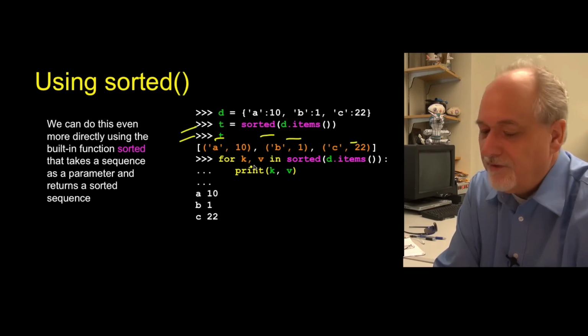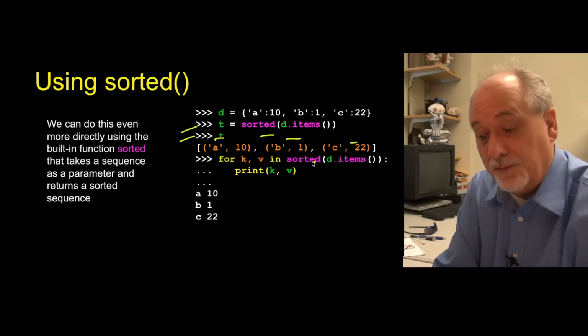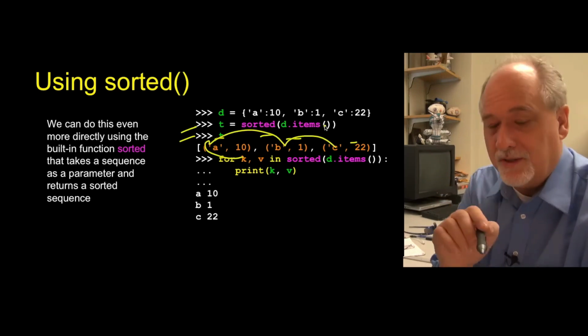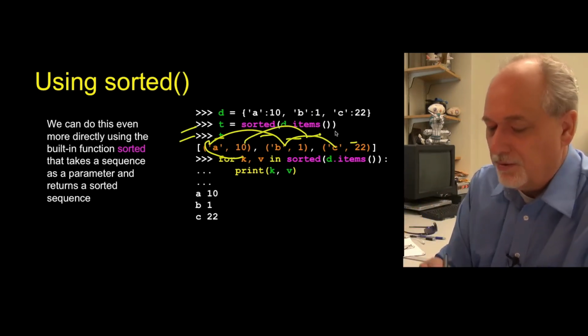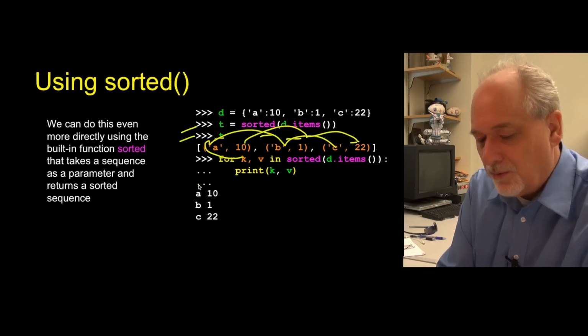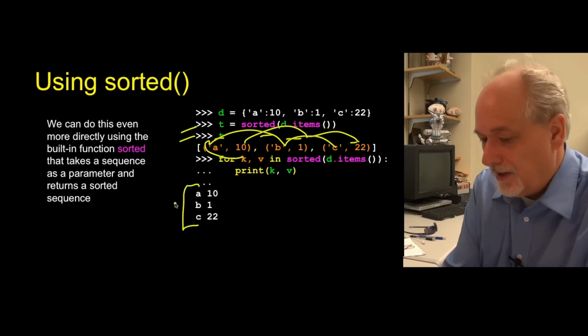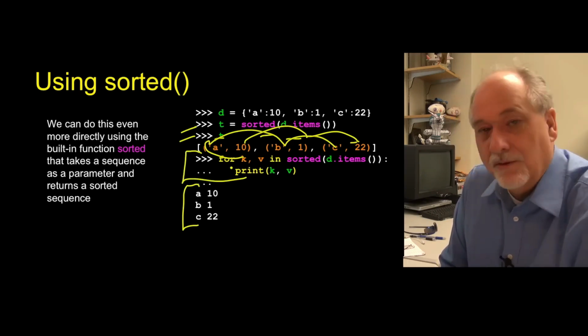For key and value in sorted. So that says go through D items, but before I go through them, please sort them. So that means key is going to go through A, B, and C deterministically every single time, and of course value is going to go through the corresponding values. So now we can print this out nicely, sorted by key. And that's a real nice, succinct little way to say that.